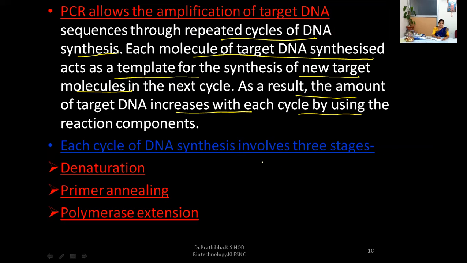For example, here I have a double-stranded DNA molecule held together by hydrogen bonds. In PCR, we break these hydrogen bonds, and once we break them, the two strands get separated. This will be known as template DNA. To this template DNA in the PCR reaction mixture, the primers go and attach. That is nothing but annealing of the primer.